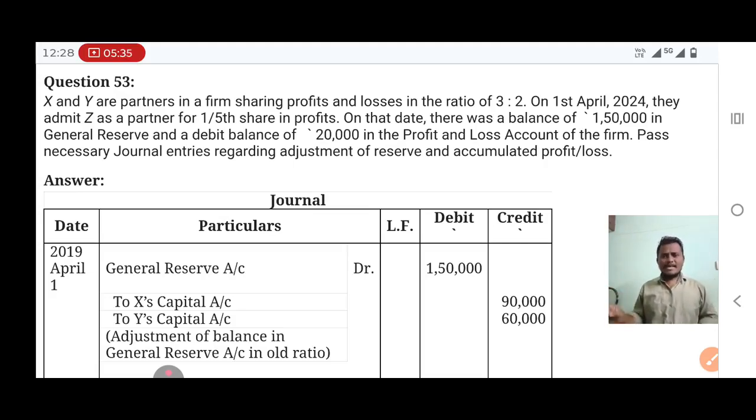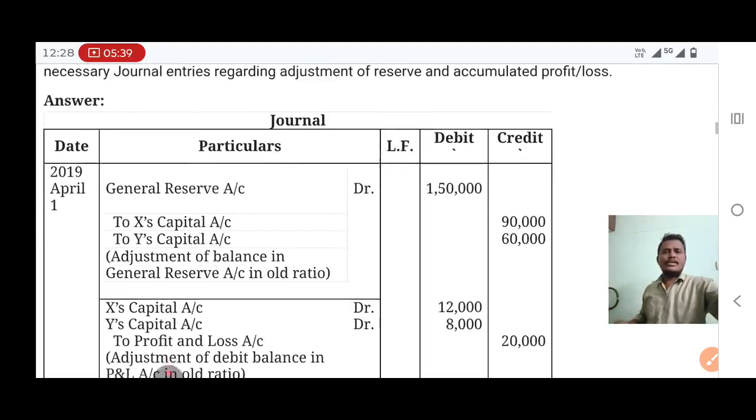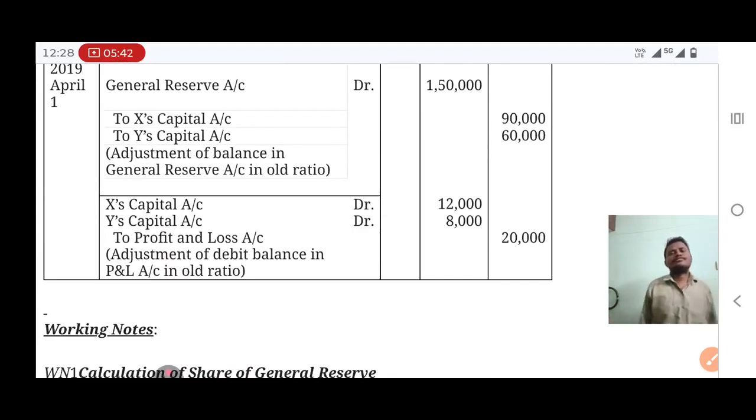So X's capital account, Y's capital account Dr., to profit and loss account in the 3:2 ratio. That's it. I hope now you have understood the concept of distribution of general reserve and profit and loss account in the old ratio, how to do that, and how the journal entries are coming.